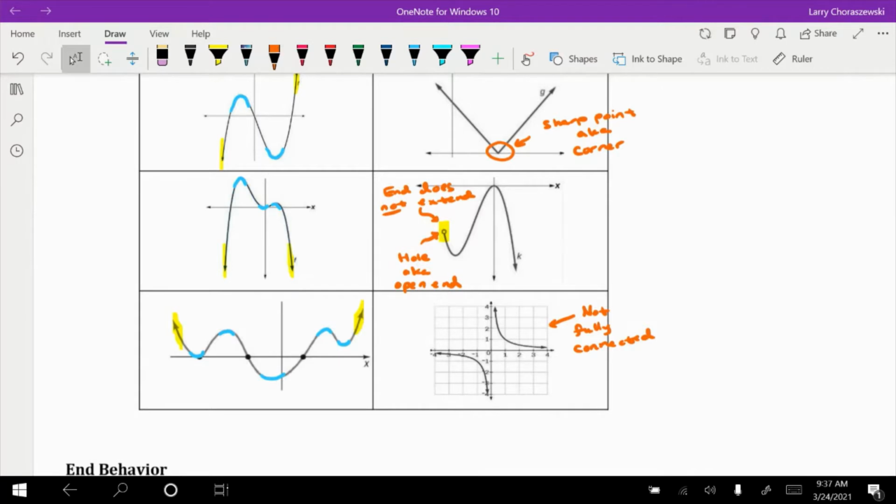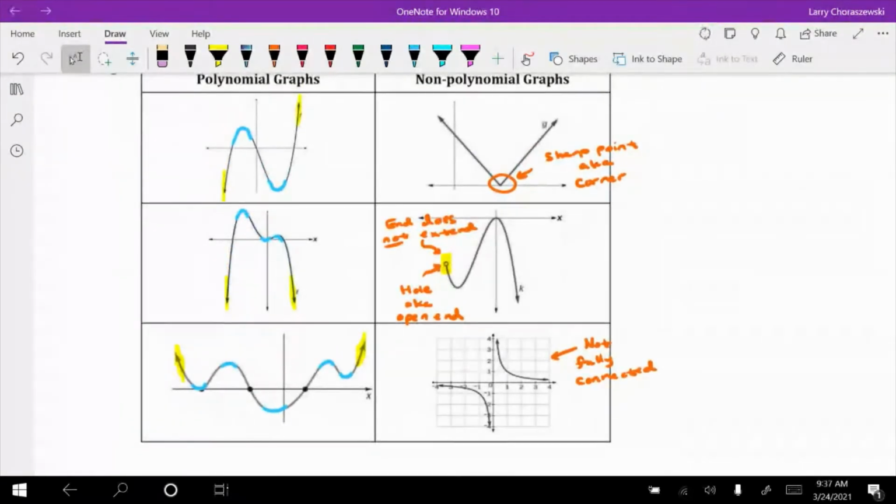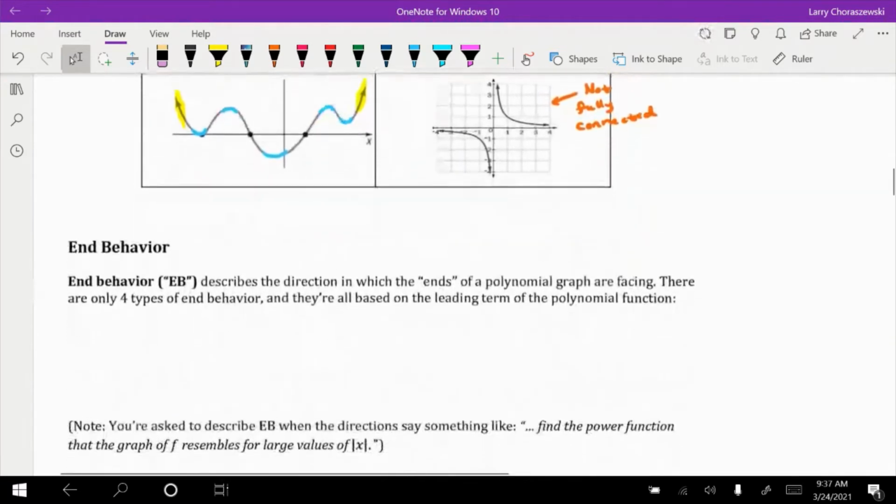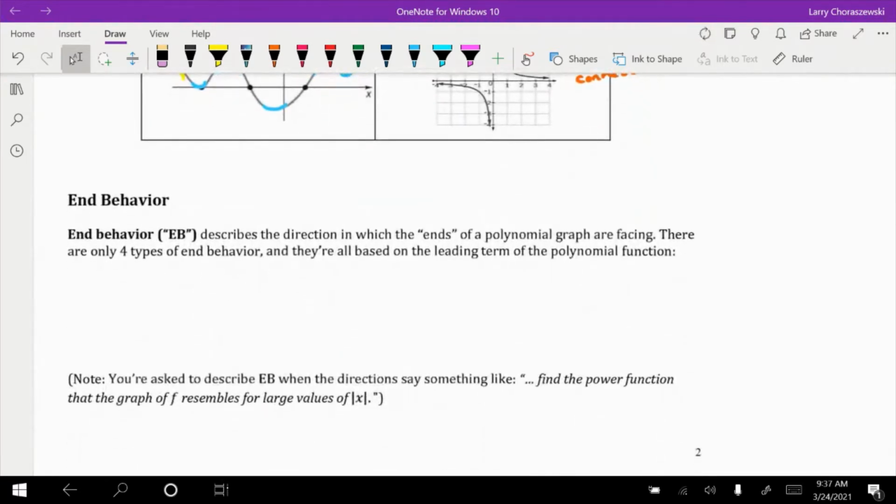Okay, does this kind of help differentiate, you know, graphs of polynomials versus non-polynomial graphs? Getting the gist of it? So let's talk about an important concept regarding the graphs of polynomial functions, and that concept is known as end behavior, or EB for short.